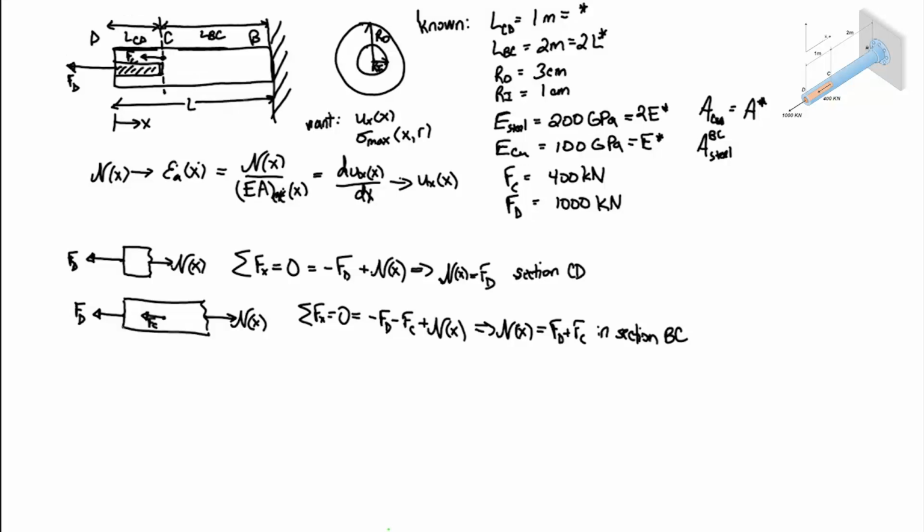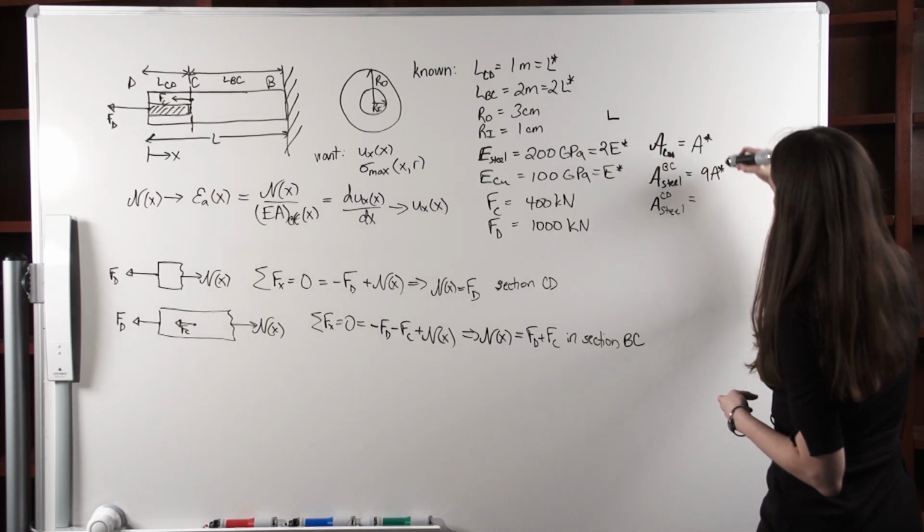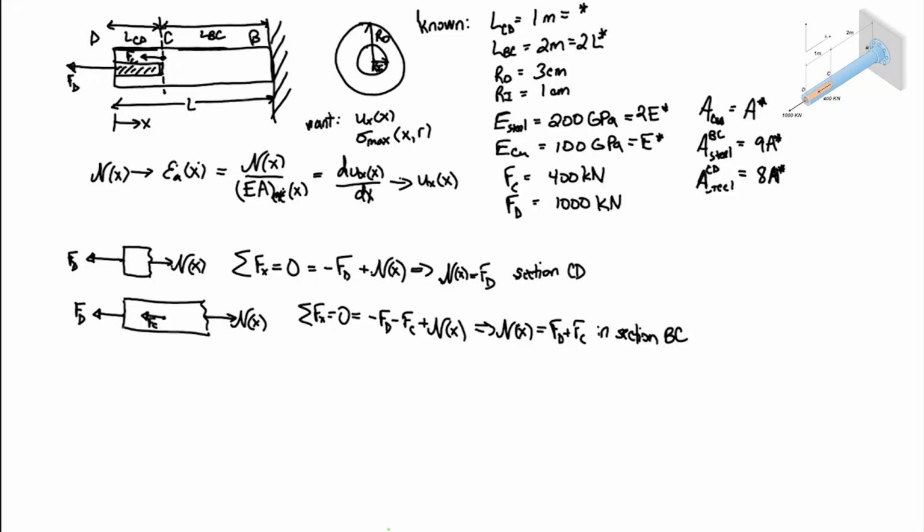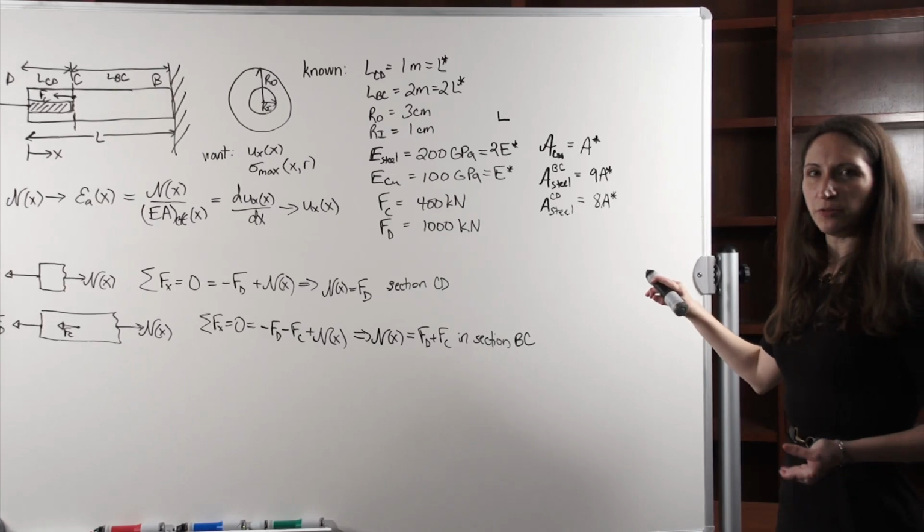So in BC, it's just equal to 9A star, since the radius is 3 times the inner radius, right? And then, of course, the area of the steel in CD is basically going to be 9A star minus A star, which is 8A star, right? Okay, so I think we've redefined all the variables that we need.